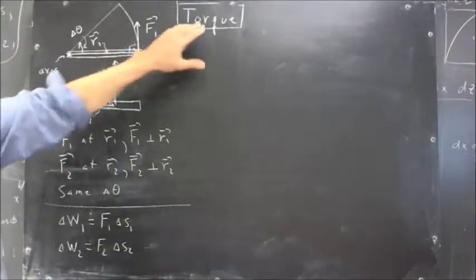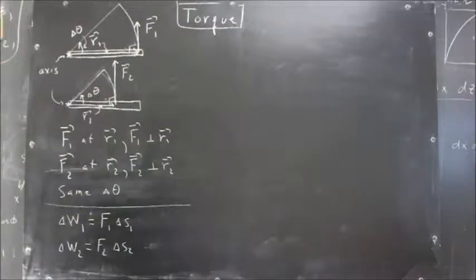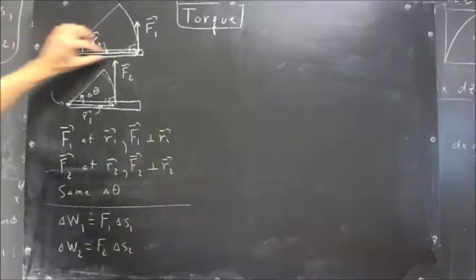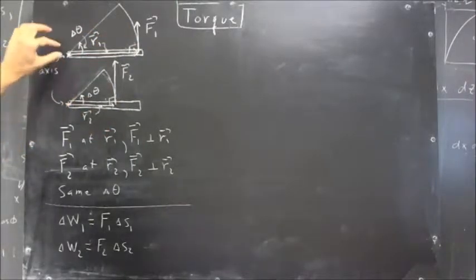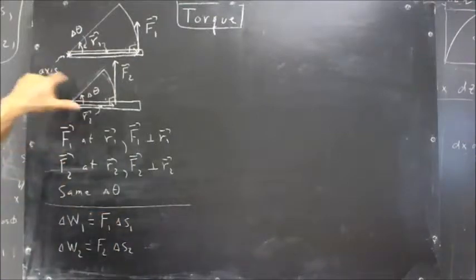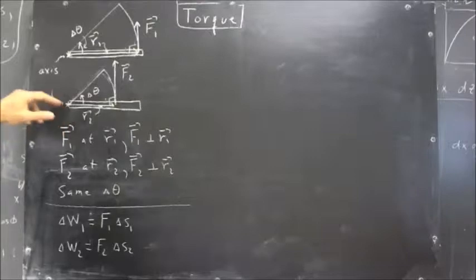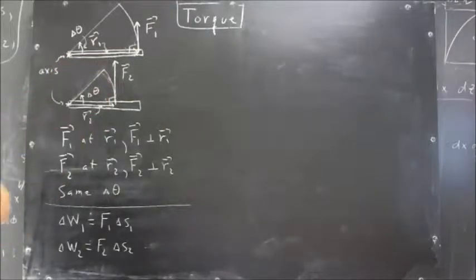We want to define the idea of torque and explain why it makes sense. So let's consider a rigid body here. It looks kind of like a strap, the kind we rotate, but it could have any shape as long as it has an axis of rotation, and of course it has a moment of inertia.